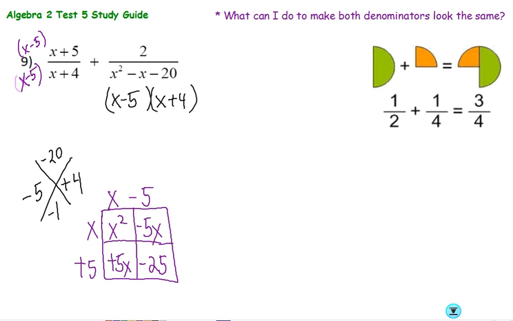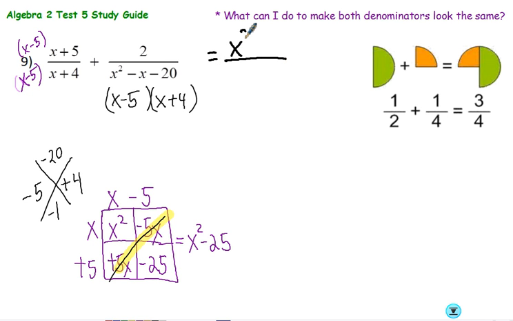One thing you notice about this one is that your like terms there, those two things cancel each other out. So what you're left with is just x squared minus 25. So that's what is going to go on the top of our new fraction over here. So let's come back to it.